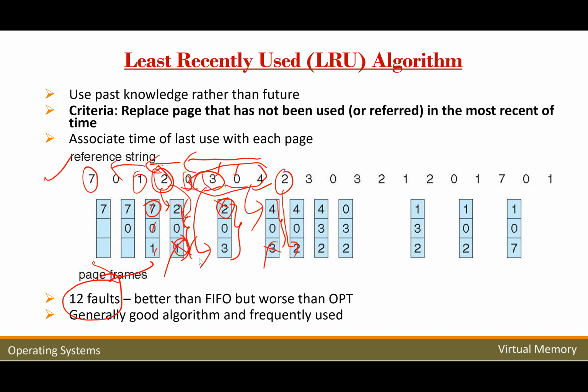So LRU is in between FIFO and optimal, right? So we would say LRU is better than FIFO but worse than optimal page replacement algorithm, right? But as optimal is not possible to implement and LRU is better than FIFO, we go with LRU most of the time, okay?